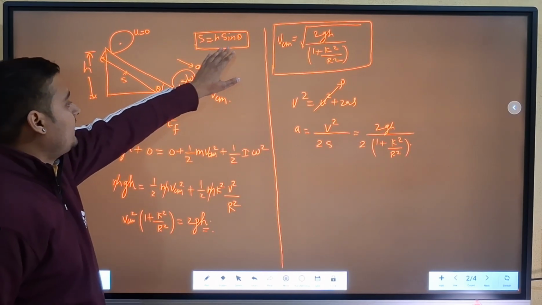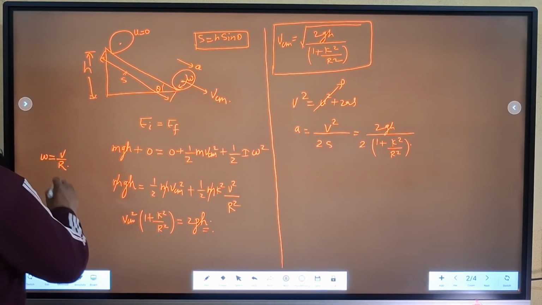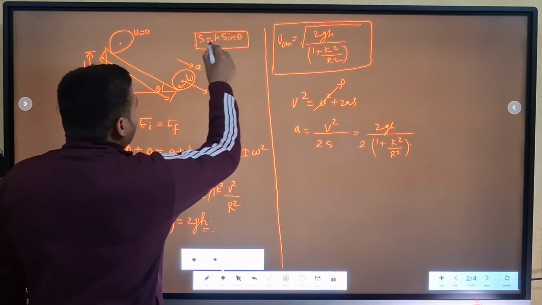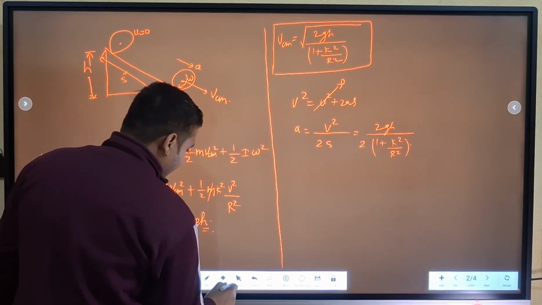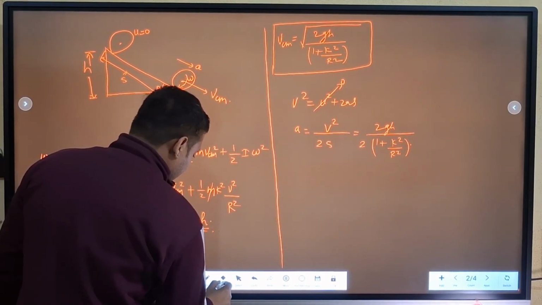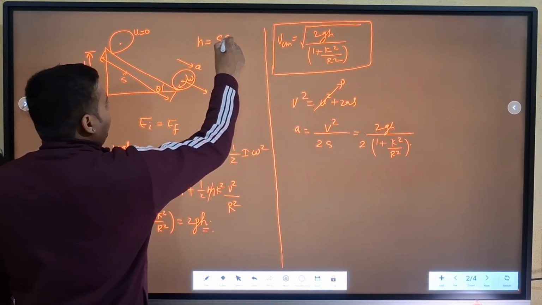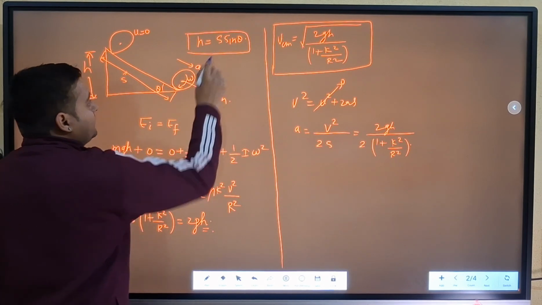Sorry, I wrote one thing wrong, let me correct it. h will be equal to s sin theta, so s will be equal to h by sin theta.